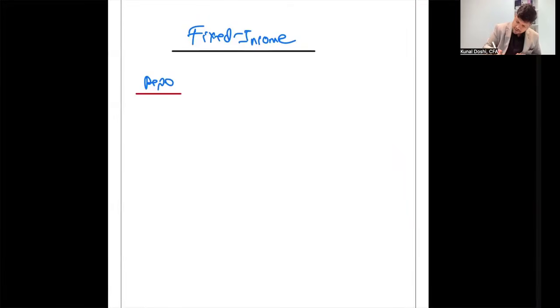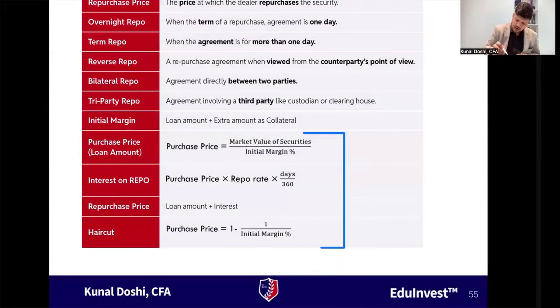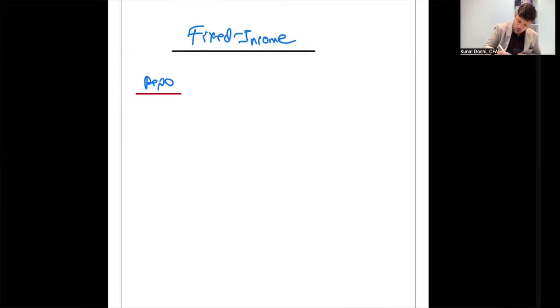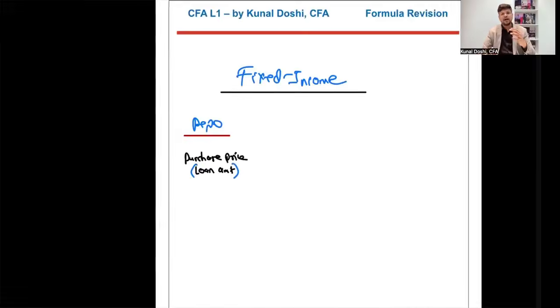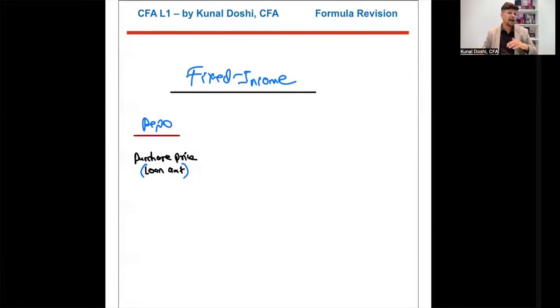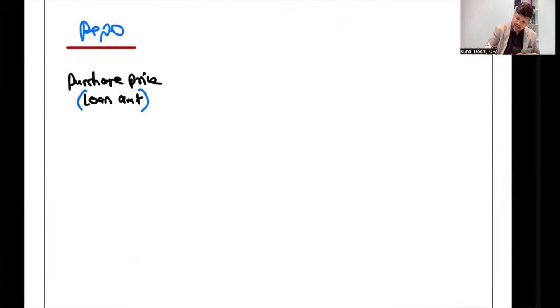First thing first, which is called the purchase price. In repo, you sell the instrument and then you repurchase. So first thing is the purchase price or the loan amount. Loan amount is the word that is used because if you want to borrow, you will sell the security, the lender will buy from you, and you will repurchase from them at a higher price.